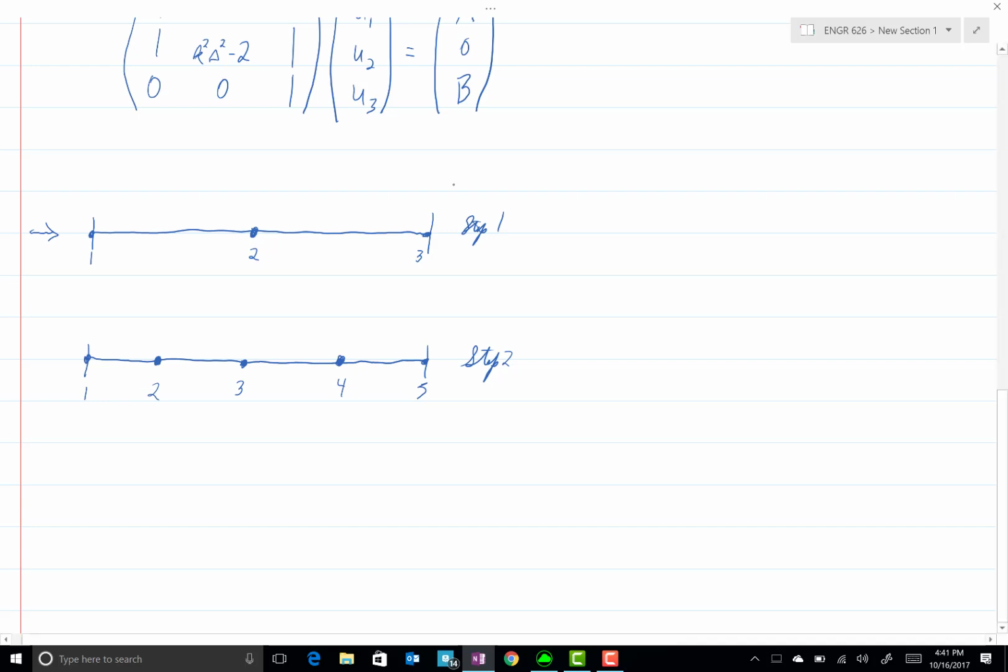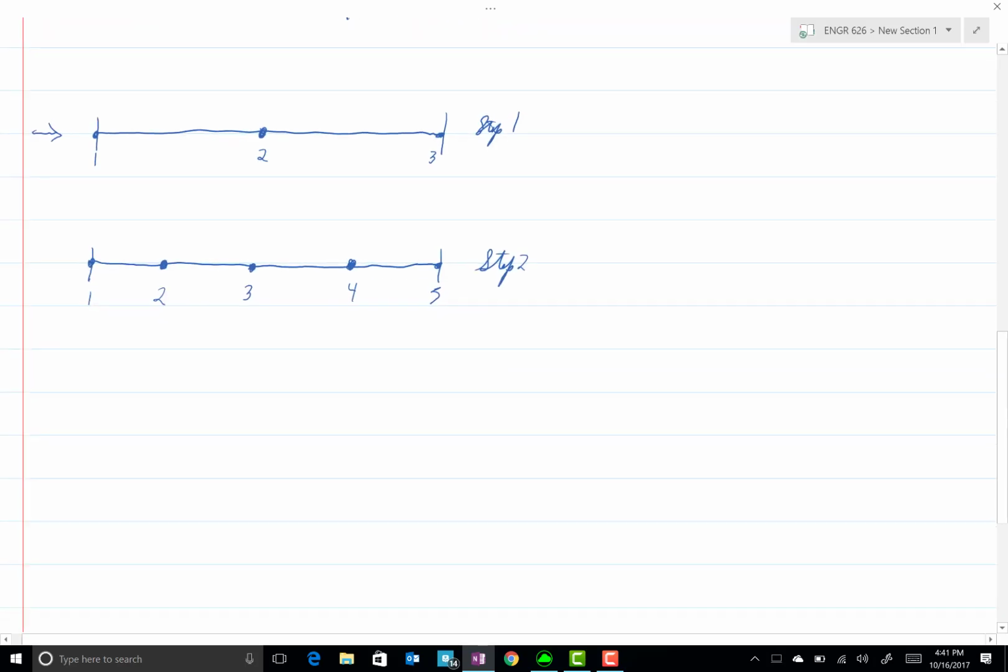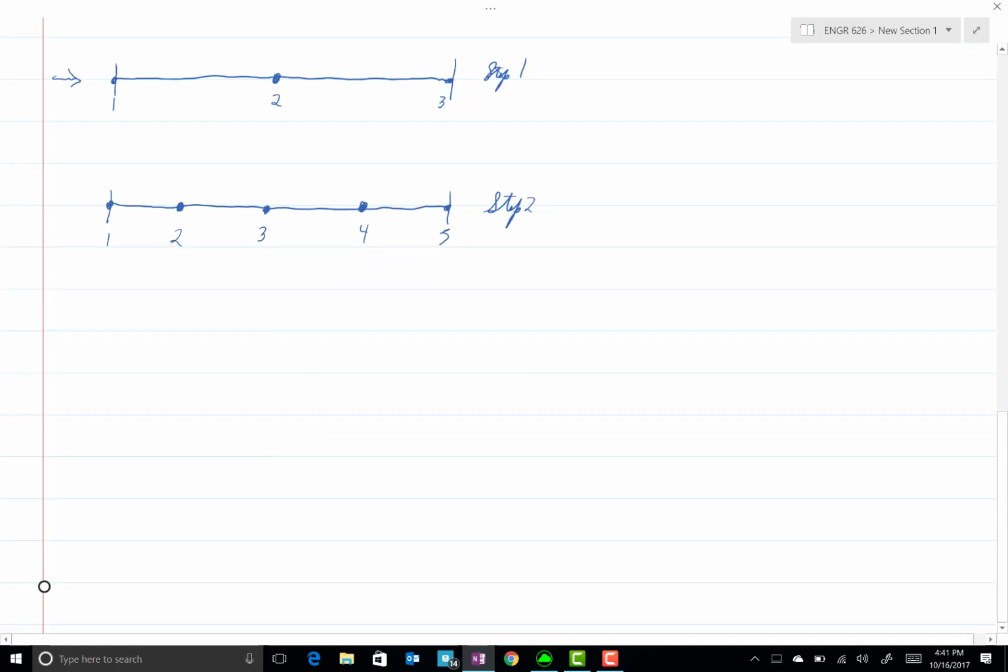But at interior nodes, we would expect that we probably have error, and that's where we would like to get more accurate solutions. So in step 1, we just have one interior node, and that's node 2. And notice that it matches up exactly with node 3 in step 2. So the idea here is that we're going to go ahead and look at step 2.